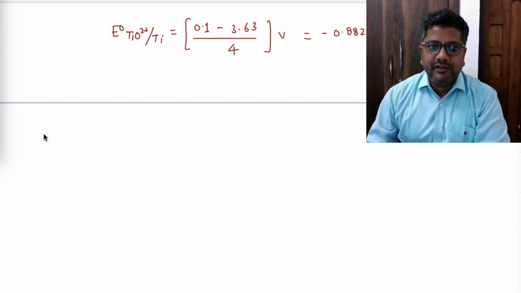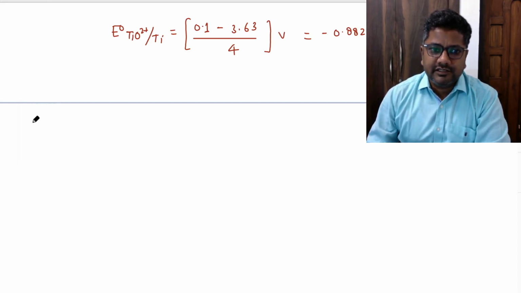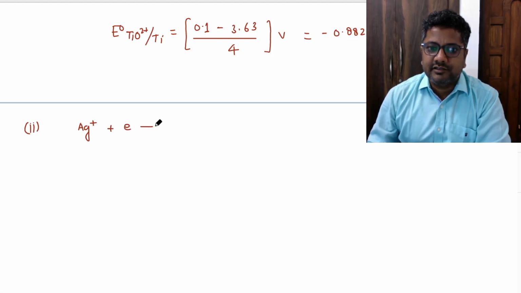See, one more feature of this E naught, the same feature, as it is intensive. But suppose that one half reaction is given to you like Ag plus electron gives Ag, and E naught is given 0.8 volt.